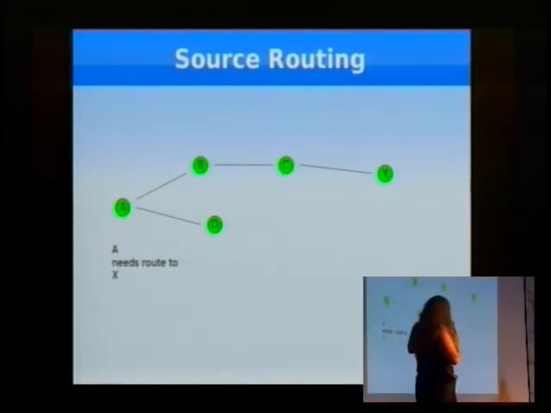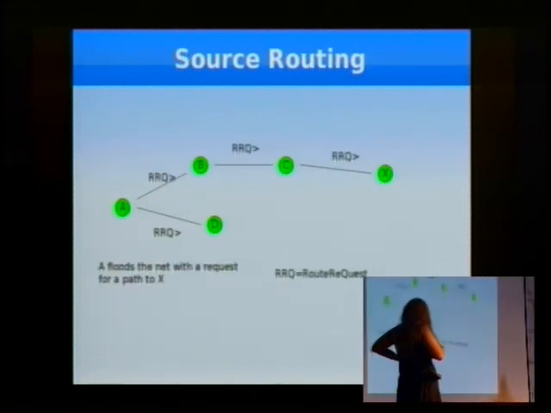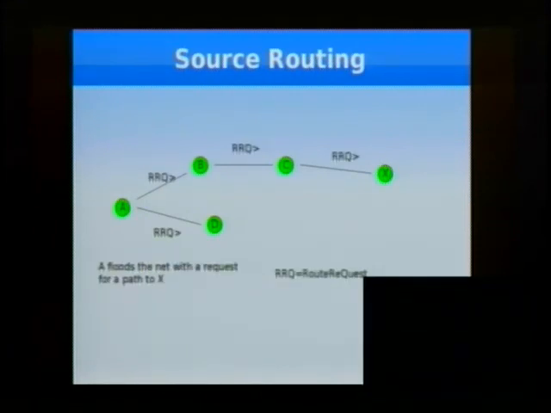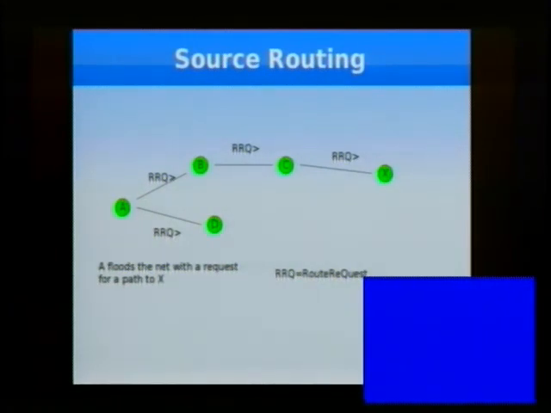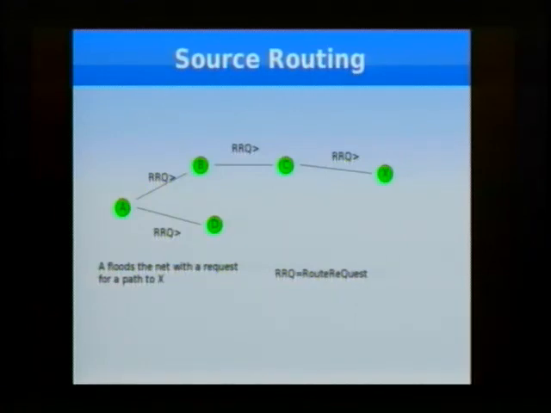If you know there might be a node X somewhere, you start asking the network for a route to X. So A wants to communicate with X, it needs a route. So it starts flooding the network with a route request. This route request is forwarded through the network, and finally it will terminate at X.